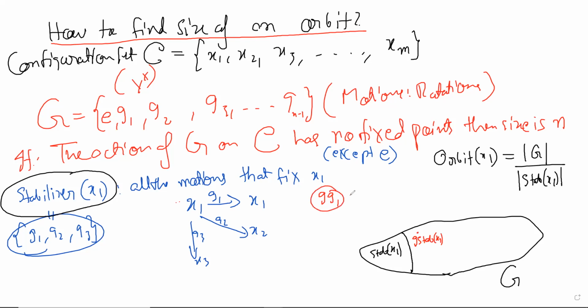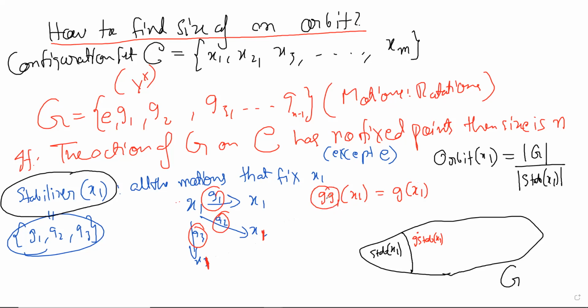Now you see what this motion does. It will take x1 to Gx1, wherever G has to take it. My point is that if G1, G2, and G3 are three motions which fix x1, then they also limit the possibilities of other motions.